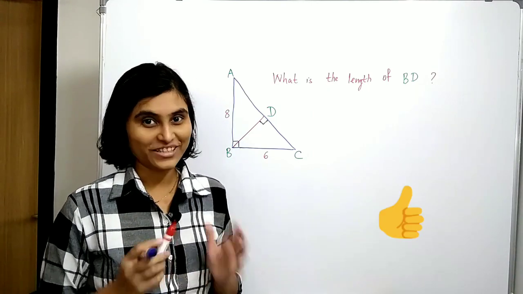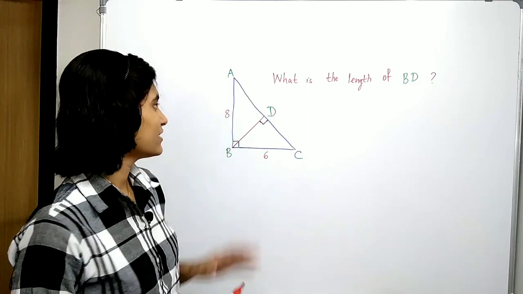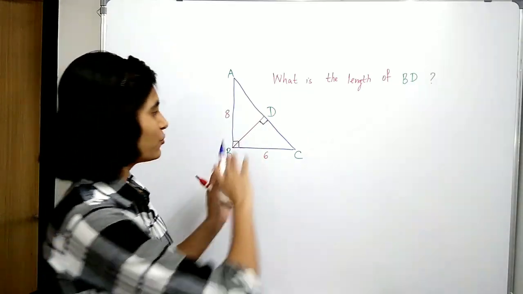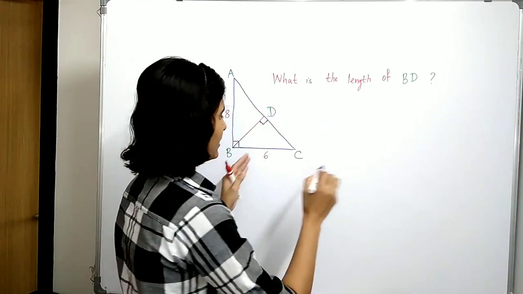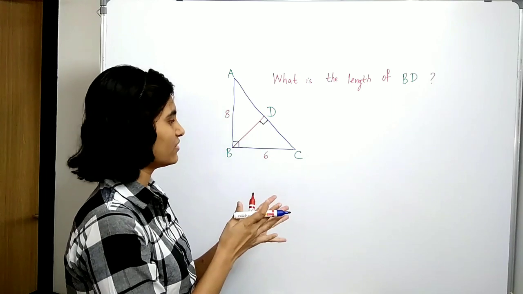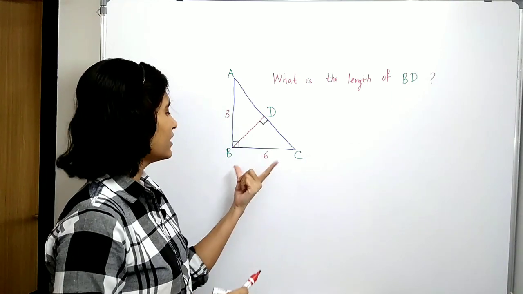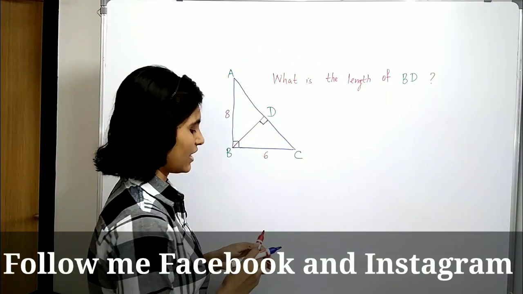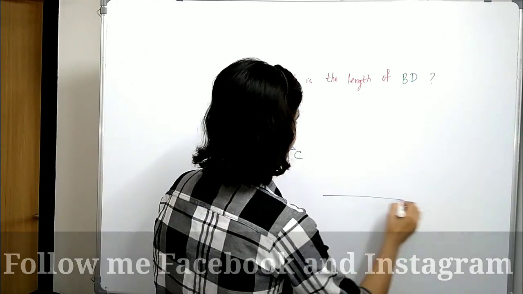So are you ready to see the solution? So here, if you observe this triangle carefully, then if you rotate this triangle in such a way that we get AC as the base of this triangle, because here we have the base as BC. So you just rotate this triangle like this.